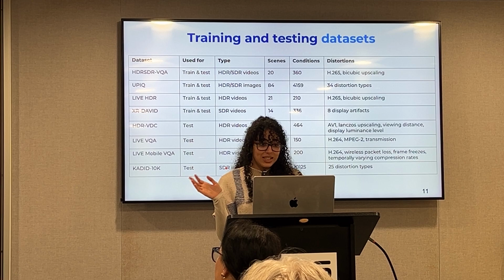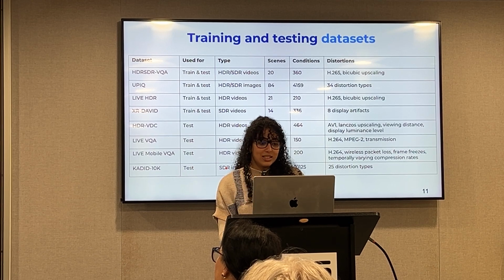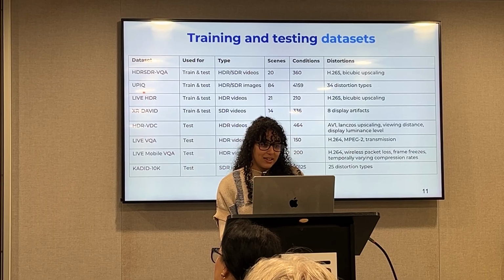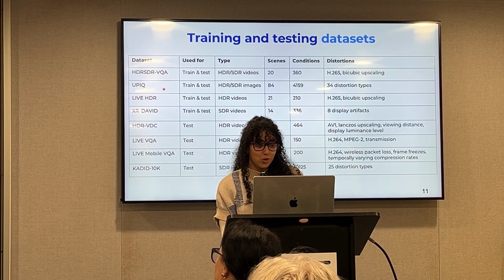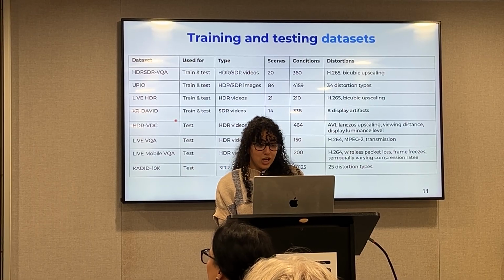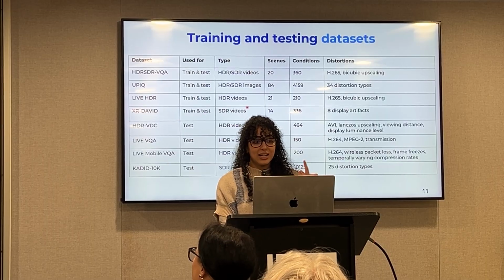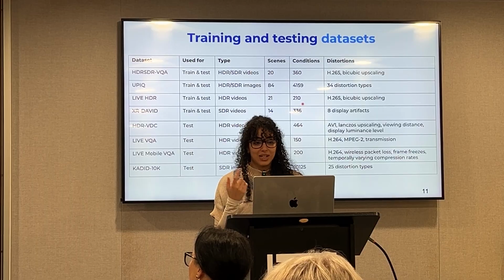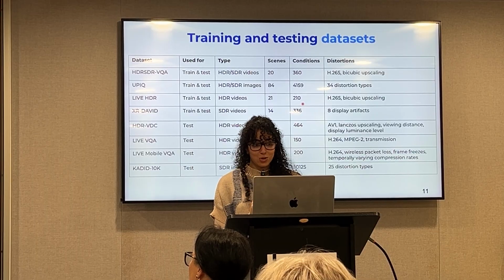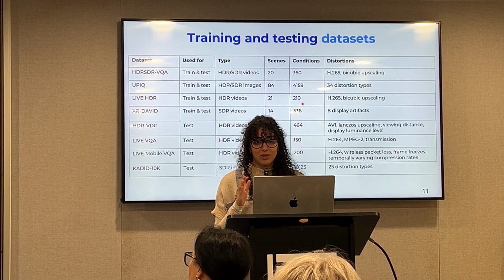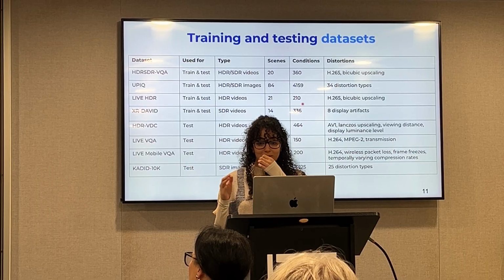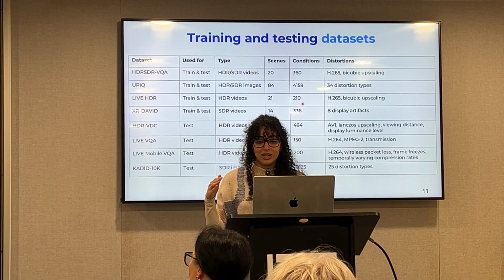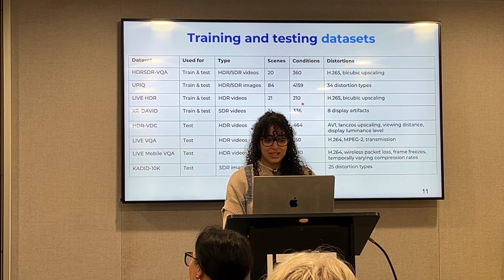So for training our quality metric, we use 4 different datasets. We have the HDR, SDR, VQA dataset, UPIQ, Lab HDR, and XR-David. So we have a collection of HDR and SDR images and videos with very different distortions. We have streaming distortion, we have display distortion, and the only reason we were able to actually train on multiple datasets is that all of them were scaled in JOD units, which means they have consistent quality across the different quality datasets.